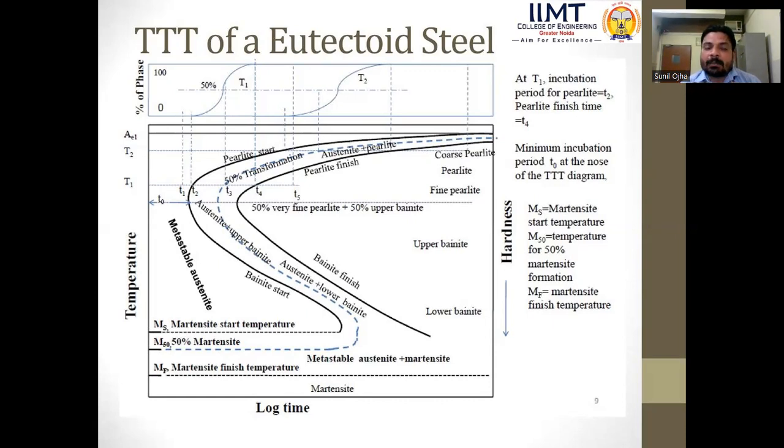So this is austenite. There are two lines in between. Transformation is done for a particular time and temperature of the microstructure of the steel.